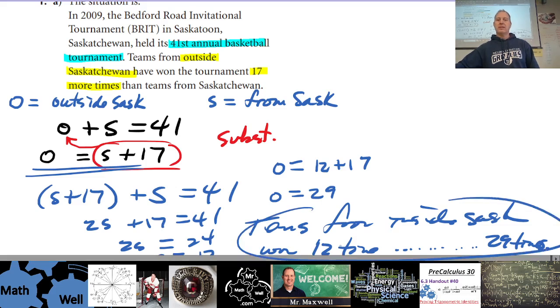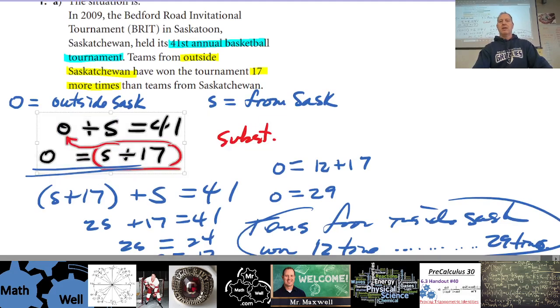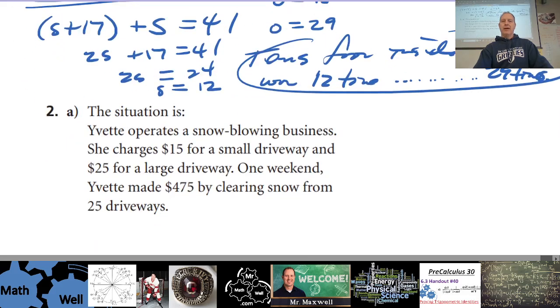So a word sentence of some sort would be appropriate for a word problem. Okay, so that's a little bit of both. That's creating a linear system, 2 equations, and then we've just practiced substitution.